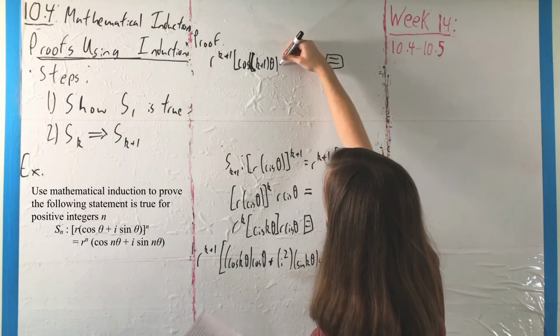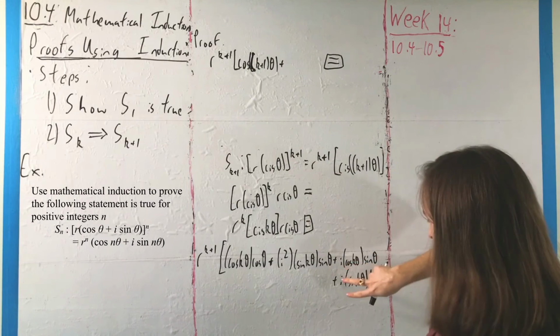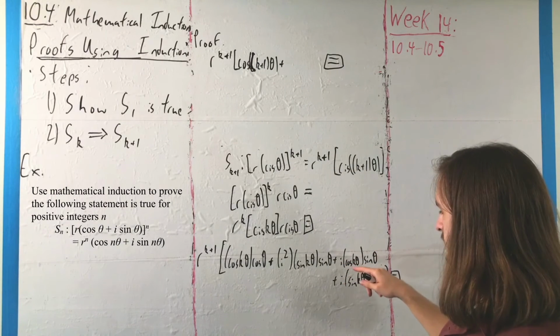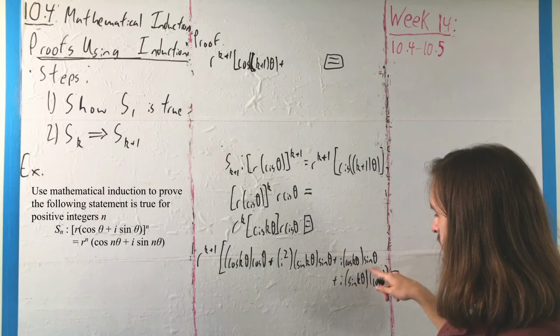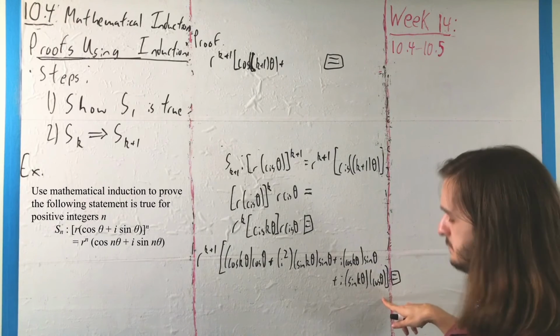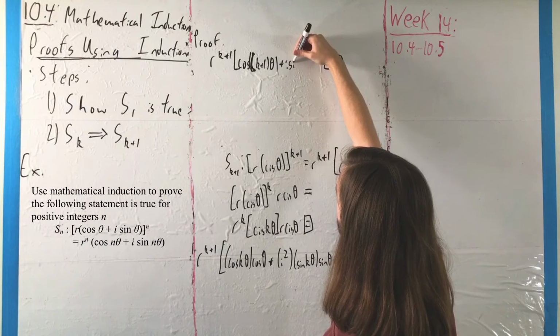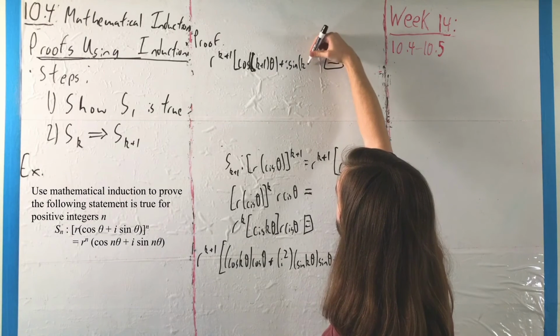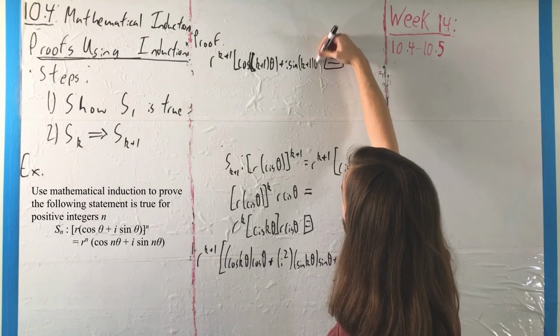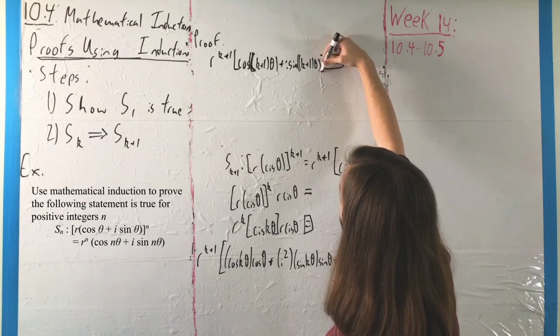And then over here we've got the i's we can factor out, and we have cosine sine plus sine cosine with those split angles. So this actually just ends up being i sine of k plus 1 theta.